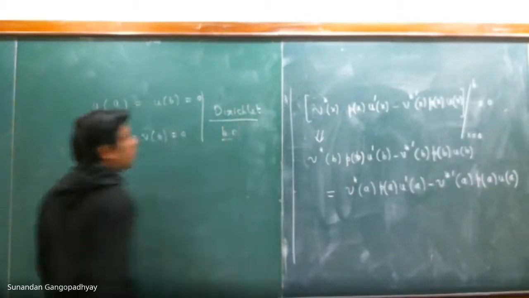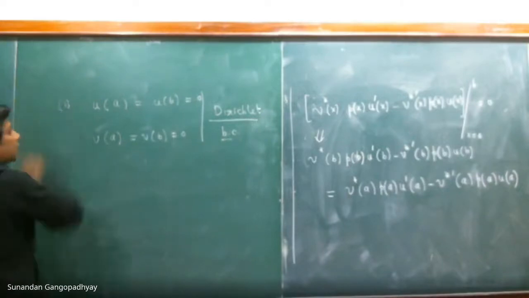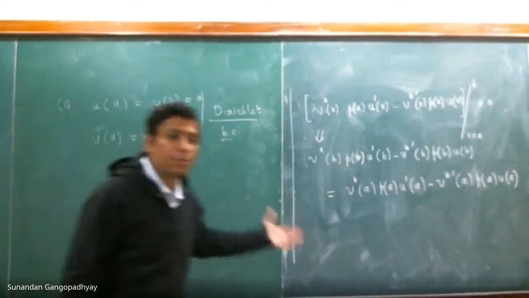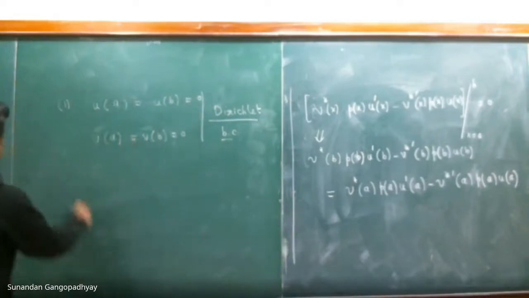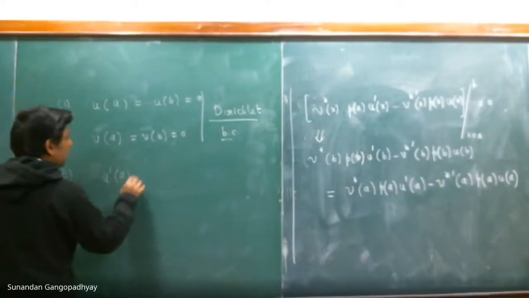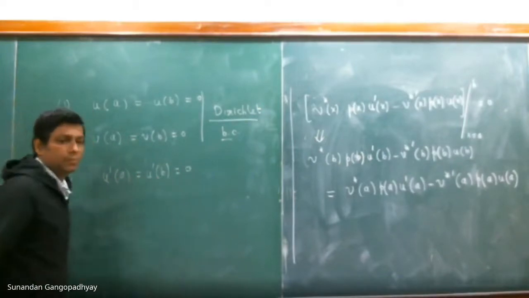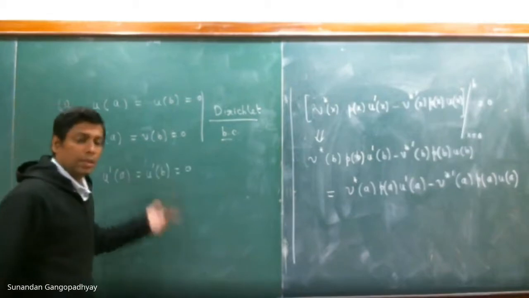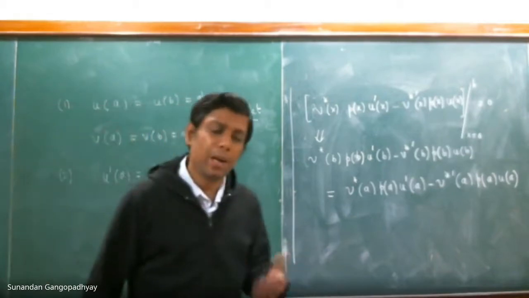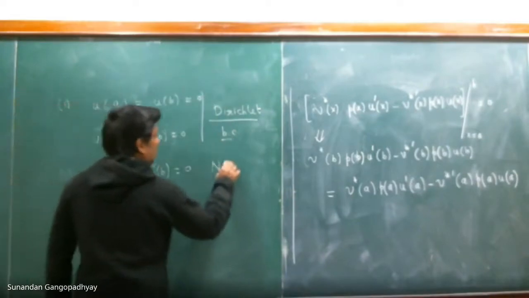This is a type of boundary condition that you can have. The second boundary condition is u prime a is equal to u prime b is equal to 0. If this holds, then for v's also v prime a is equal to v prime b is equal to 0. Then this boundary condition is called the Neumann boundary condition.